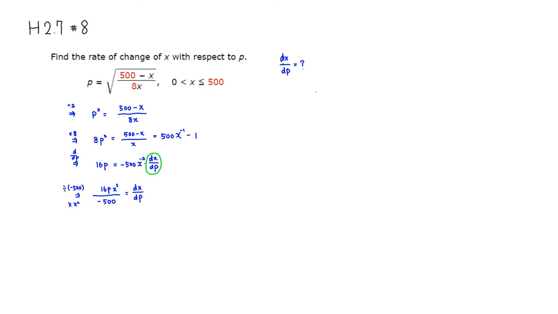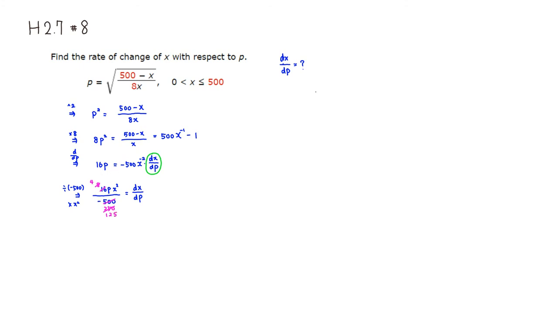Alright, let's clean up a little bit. 16 is an even number, so divide by 2, so that's 8, and 500 divided by 2 gives you 250. Still even, so divide by 2 again to get 4, and 250 divided by 2 is 125, and I think that's about it.